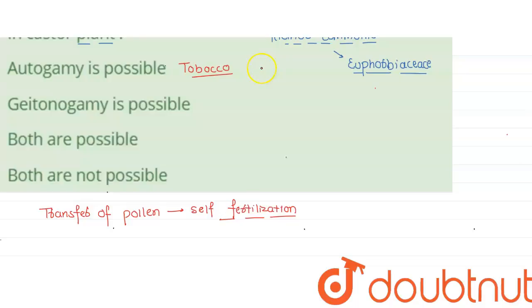Now the second option given here is geitonogamy. What is meant by the term geitonogamy? It is also a kind of self-pollination, but there is a certain difference.